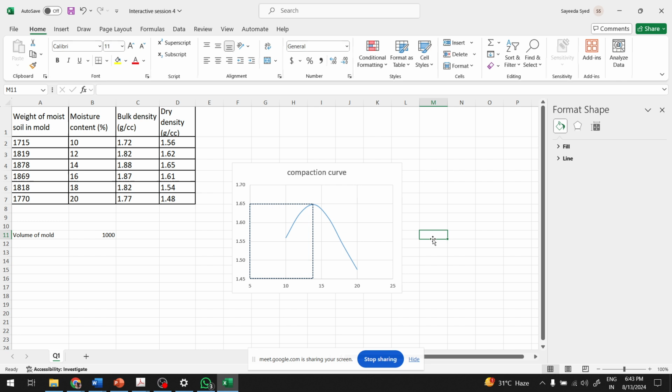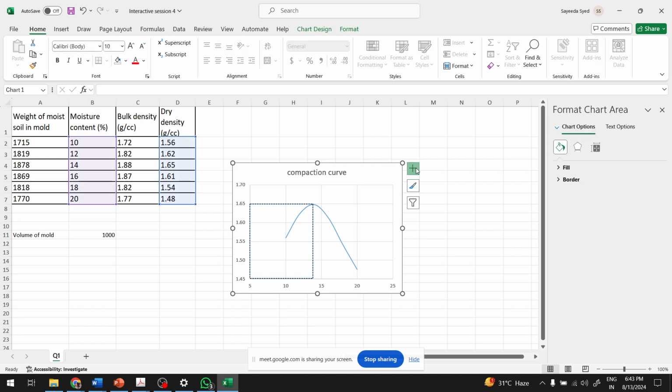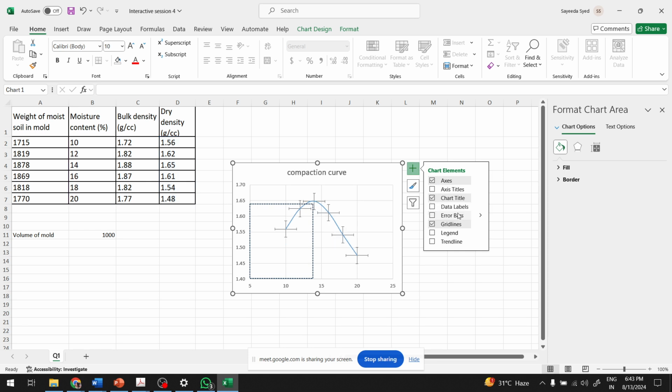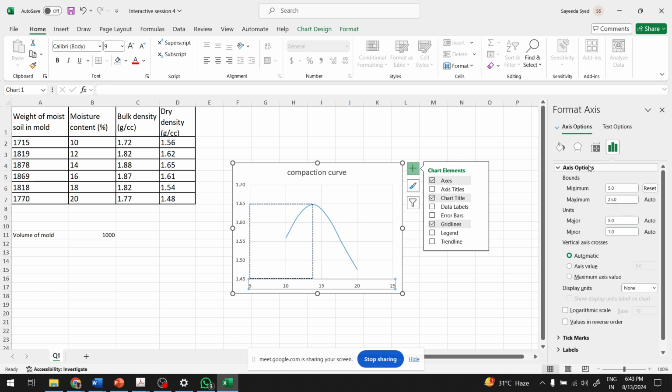If we see the data labels, our MDD is 1.65. What I can do is include minor gridlines.